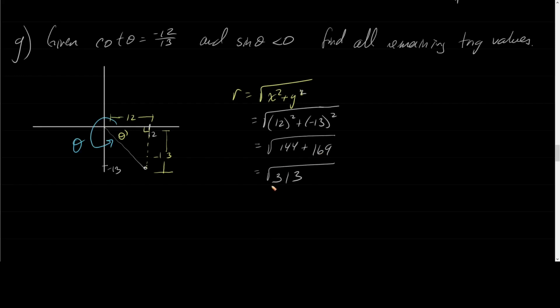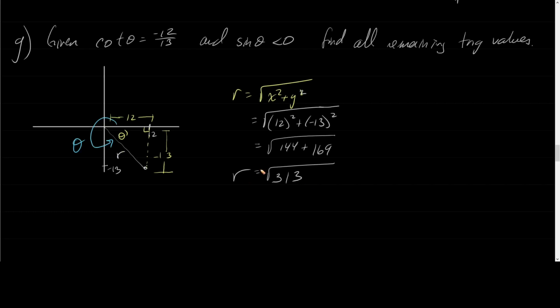So we've got the square root of 313. At this point, we're going to apply that to our hypotenuse. So when we do that, this side right here is r, and I'm just going to leave it as r for now, because we know what r is.